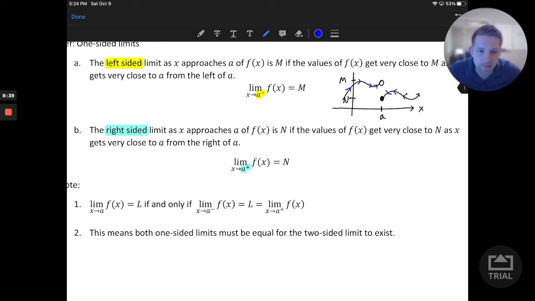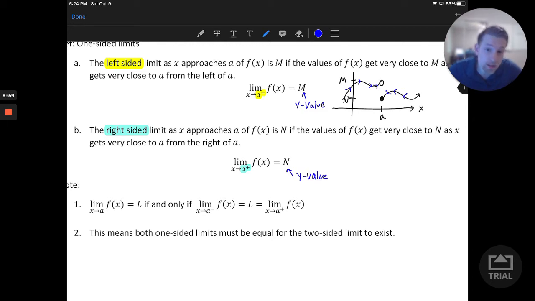Again, m and n here are going to be real numbers on the y-axis. So both of these values represent y values. And they may or may not be defined.